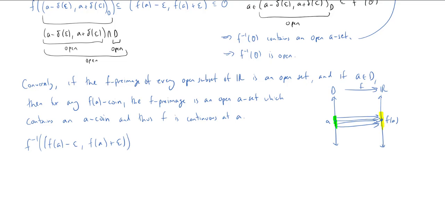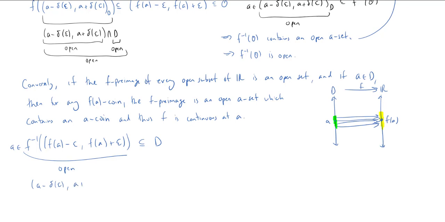So this is a subset of D. It is open because we're taking the preimage of an open set, and f is continuous, and A is contained in here.